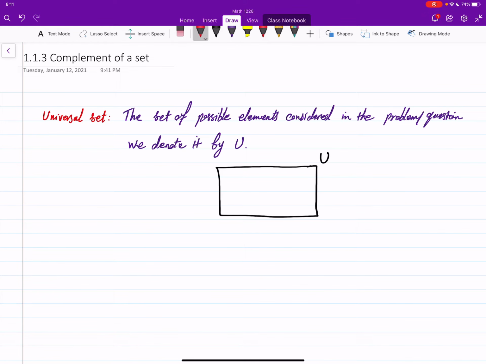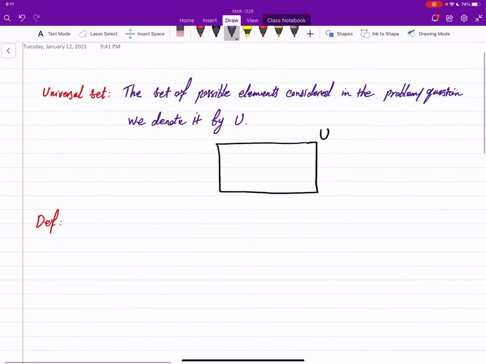Okay, knowing the universal set, now I can define what is the complement of a set. Taking complement of a set is a little bit different than taking union or taking intersection. For the union and intersection, I needed two sets, but for the complement, I only need one set.